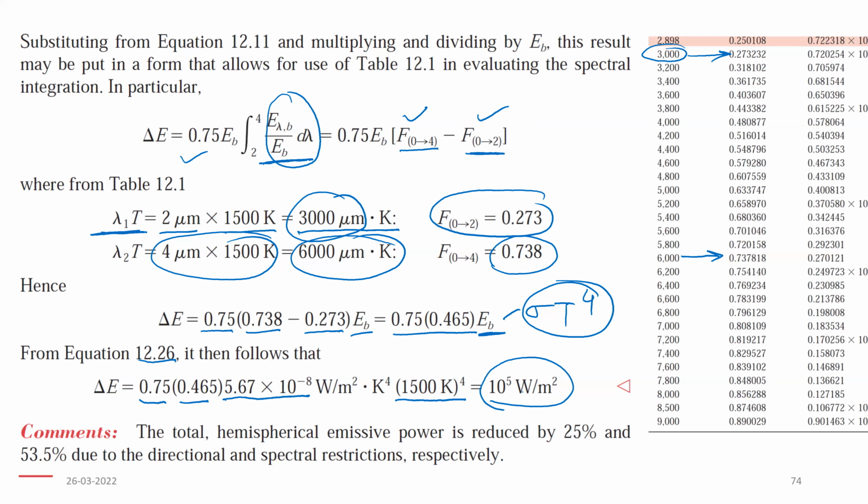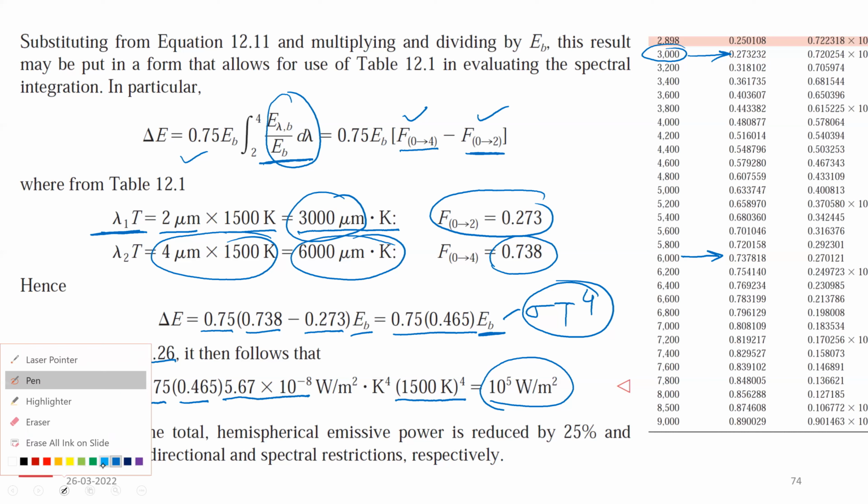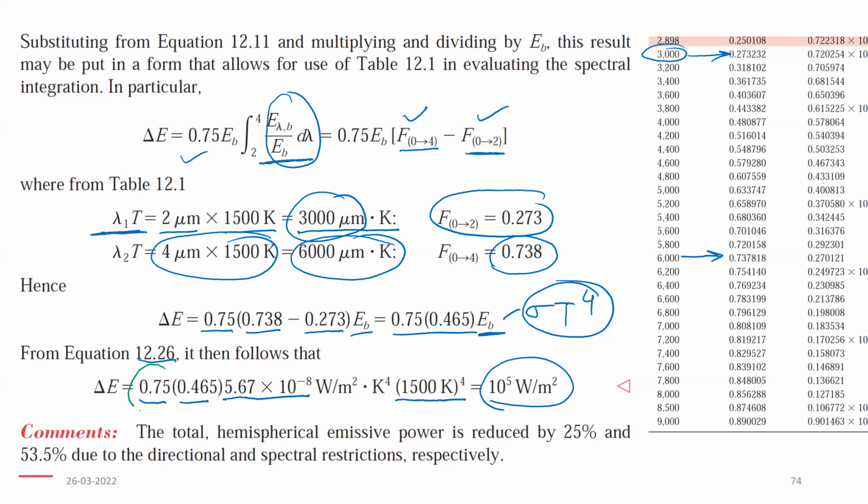Now let us try to understand this result. Look at this particular value, 0.75. When does it come into the picture? It comes because of the directional cause, because the radiation is in a particular direction.